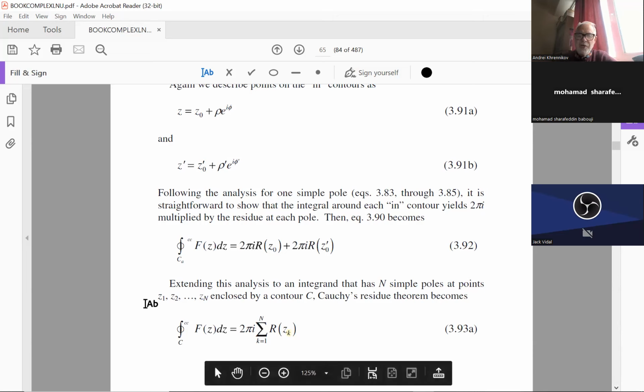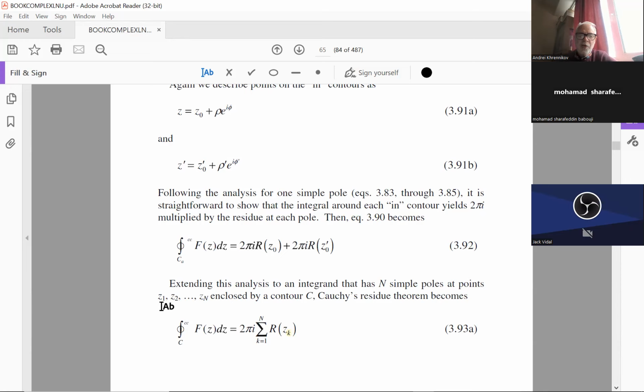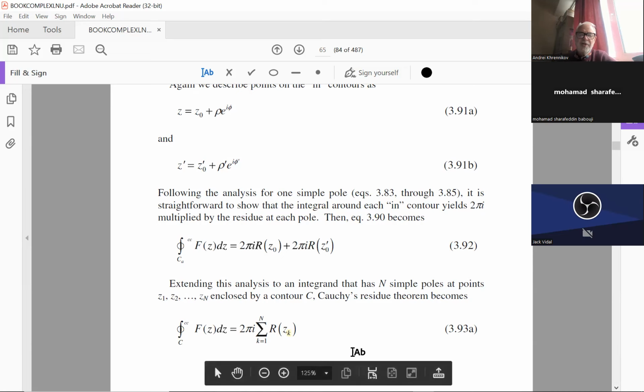If there are many poles, for example, we have a closed contour and poles z1, z2, zn enclosed by this contour, then this theorem tells us that the integral over this contour counterclockwise is equal to 2 pi i times the sum of residues at these points.